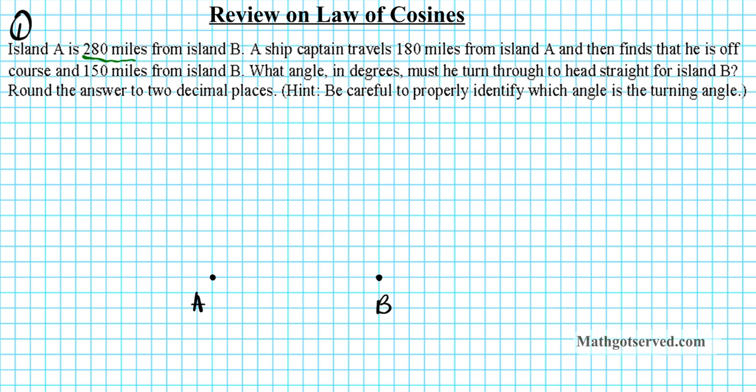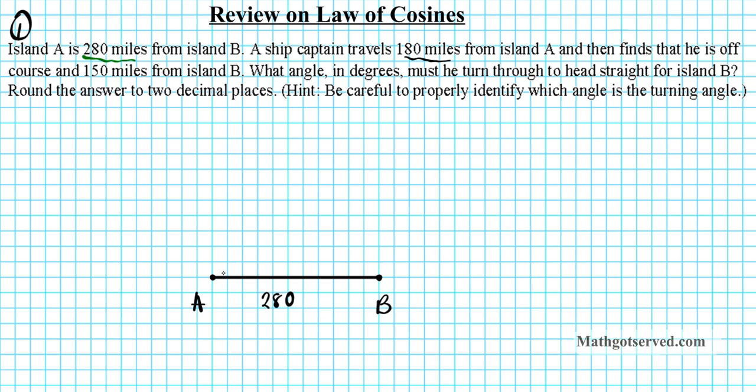So let's draw that segment and put in the distance of separation between them, 280. And the ship captain originated from Island A and headed 180 miles to some direction before he came to the realization that he's off course.